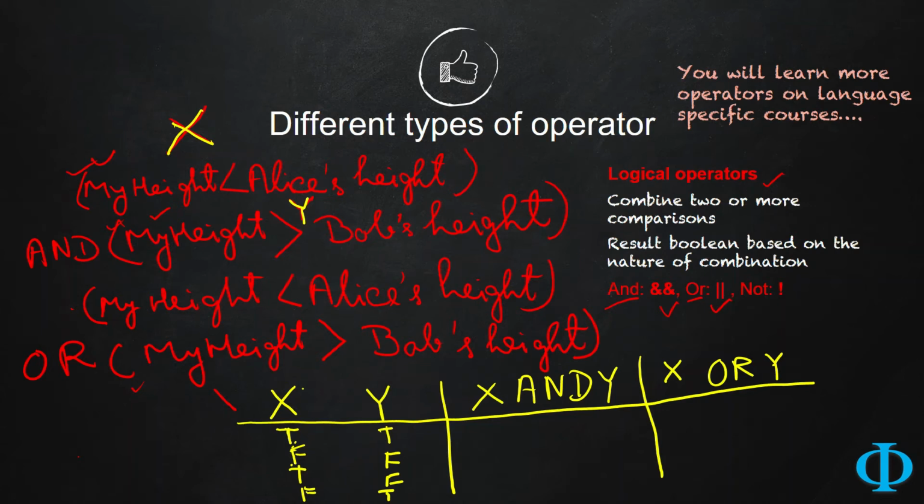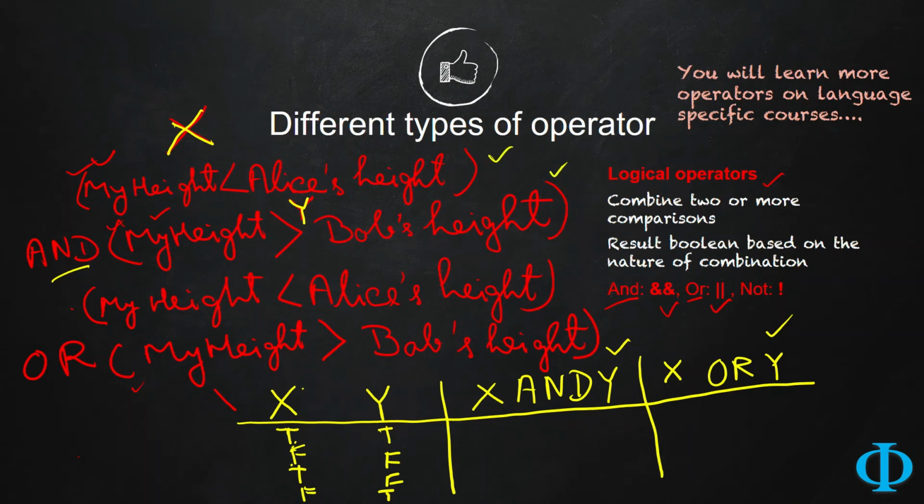Now, for each of these combinations, we have to find the value of X and Y, and then X or Y. Just think of what AND does. Just think of the usual meaning of AND. What are you checking by saying AND? You are checking whether my height is less than Alice's height, as well as greater than Bob's height.